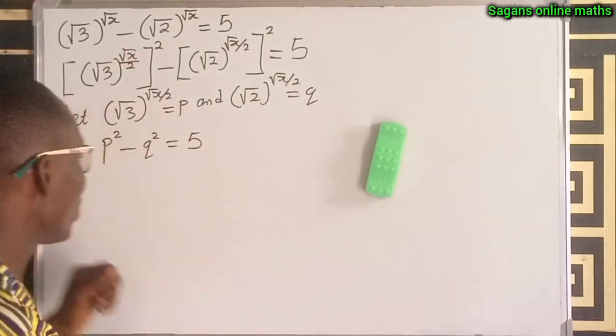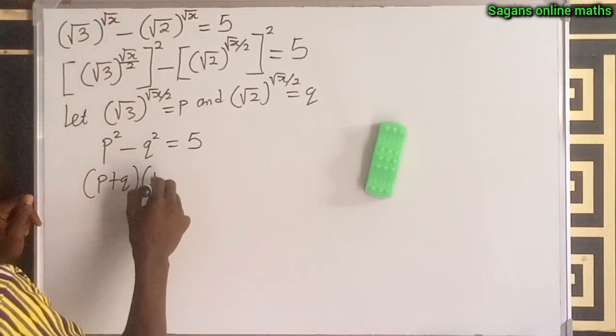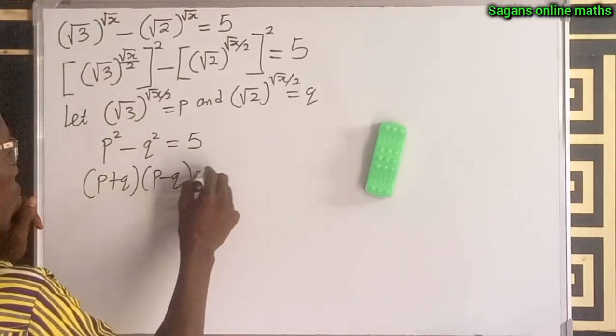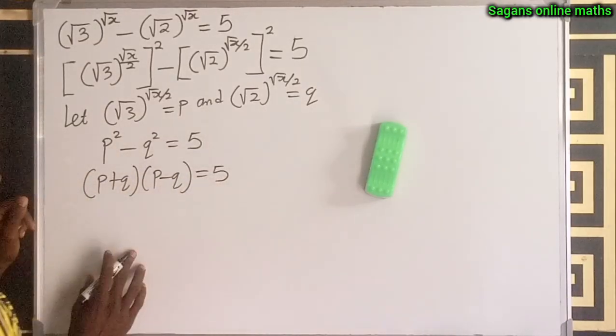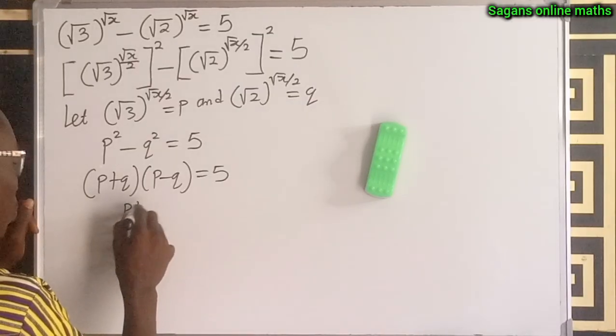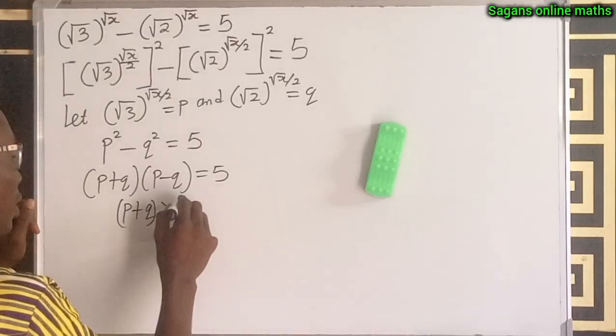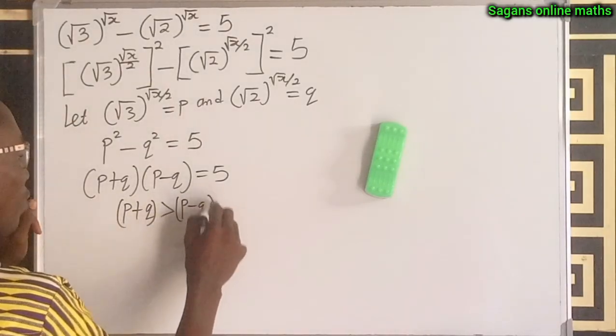Then by the definition of difference of two squares, we can also do something very interesting here. So this will be p plus q, then p minus q, everything is equal to 5. Now I want you to understand something very interesting: p plus q must be greater than p minus q. This you have to take note.